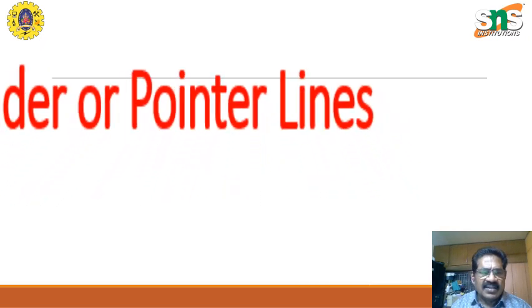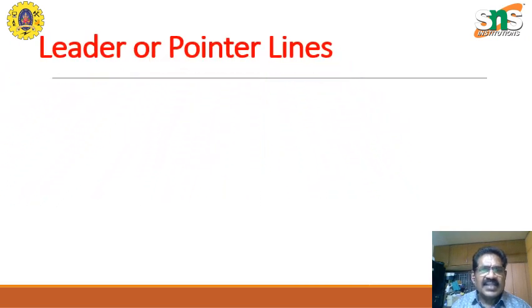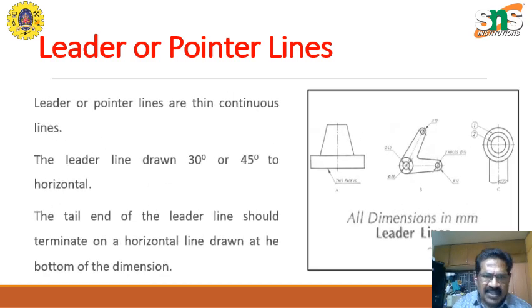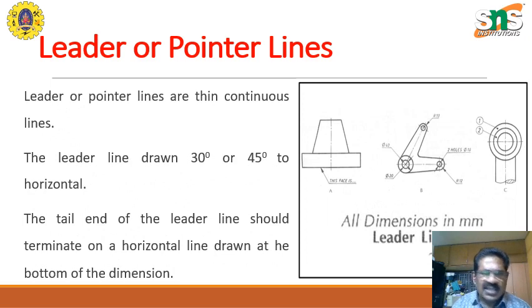Now, the next one is the leader or the pointer lines. Thin pointer lines are being used. Now this is what it is. You have all the dimensions here. Now this is not an edge, but this is a surface. So this face is to be plated, or this face is the datum that has to be taken.